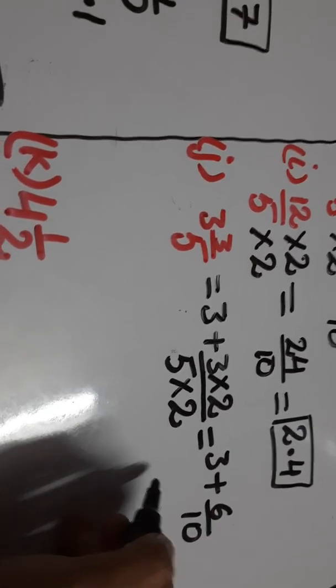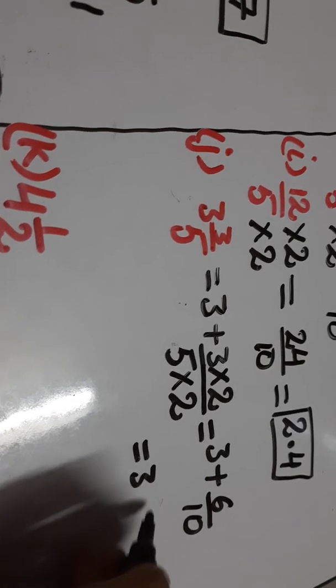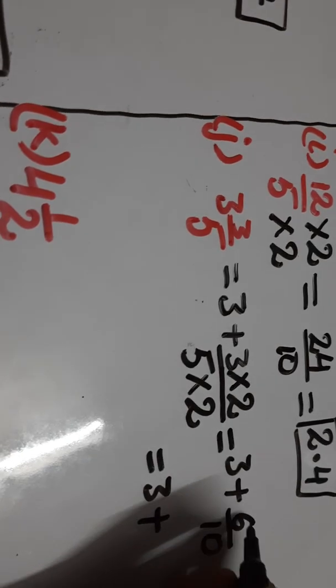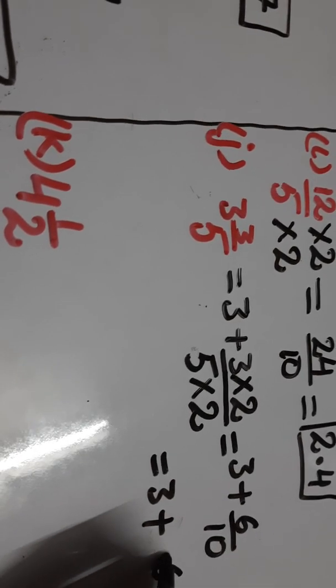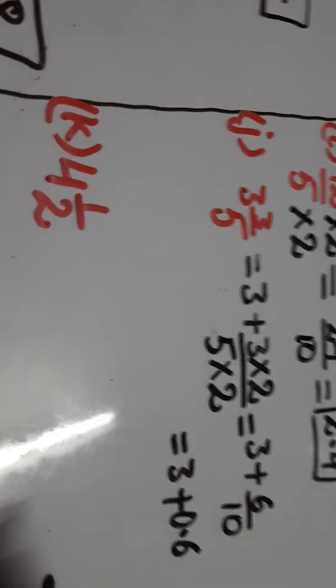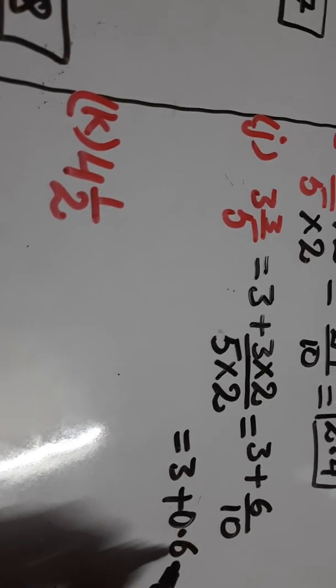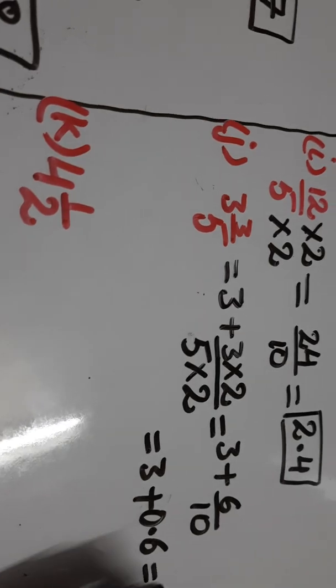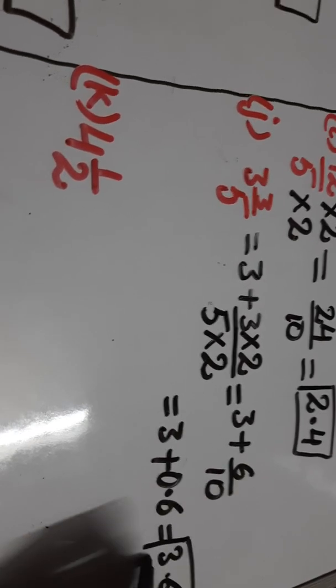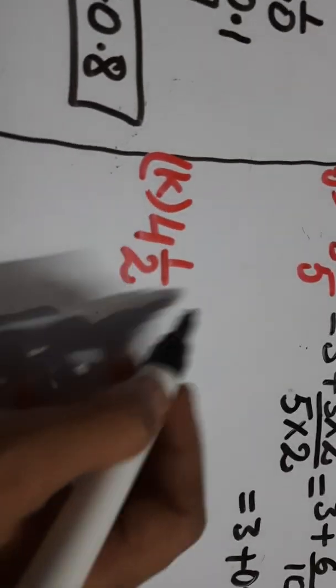So what do we write? 3 plus, for this 10, 1 zero is there. We'll leave one digit. That is 6. Then decimal. Then no other digit is there. So we'll take 0. So 3 plus 0.6 we will get 3.6 like this.